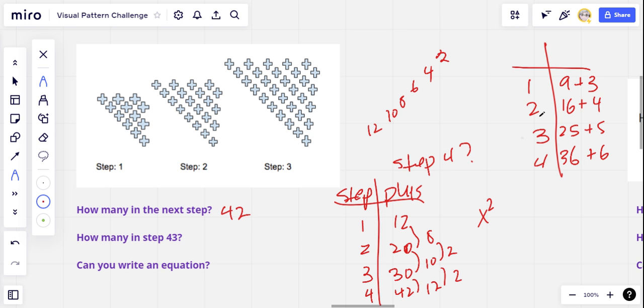I just took a shot in the dark with trying to look for the squares inside of the numbers, because we knew it's quadratic. And this is a very regular pattern. So this is 3 squared plus 3, 4 squared plus 4, 5 squared plus 5, 6 squared plus 6. So the next step should be 7 squared plus 7. And in step 43, it's going to be 45 squared plus 45.